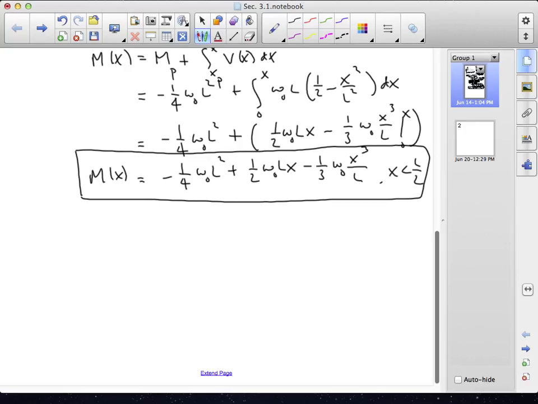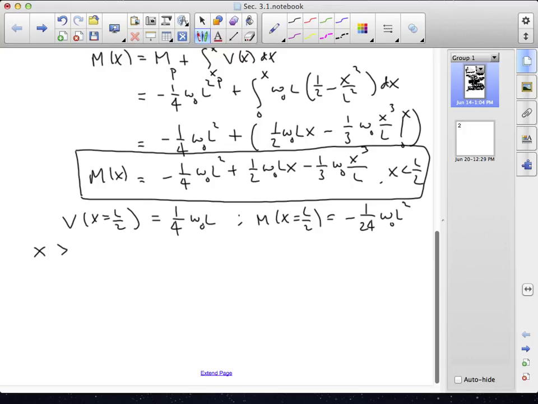Now, in order to continue, we have to figure out what V and M are as we approach L over 2 from below. If we plug that in, we're going to find once again that we have 1/4 W0L for V, and for M, we have minus 1/24 W0L squared. Okay, those become our values of Vp and Mp for the second part of the problem.